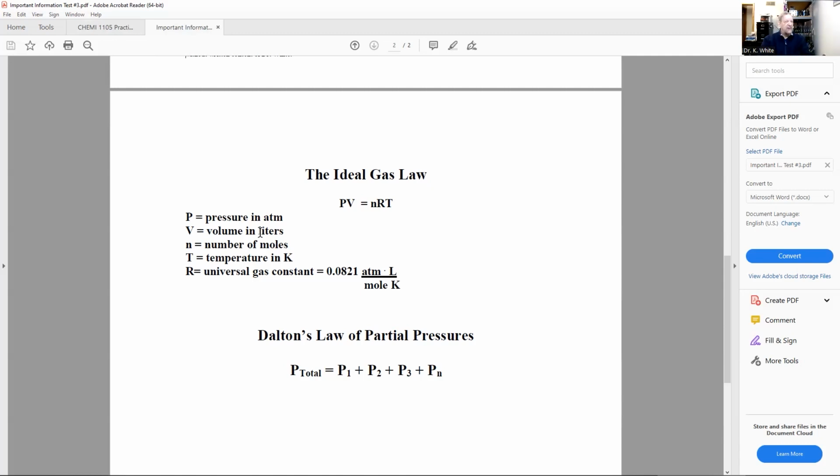Moles, well, I'll give you weight, and you've got to do that conversion. And temperature, you'll always get in degrees C. I have never seen a thermometer or electronic thermometer called a thermocouple that's ever been in Kelvin. And R, you're also given.